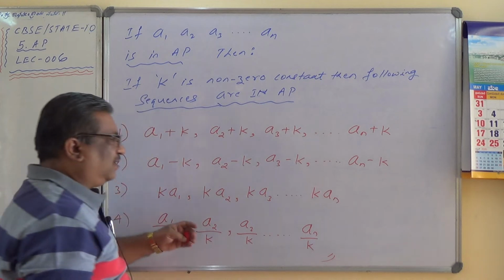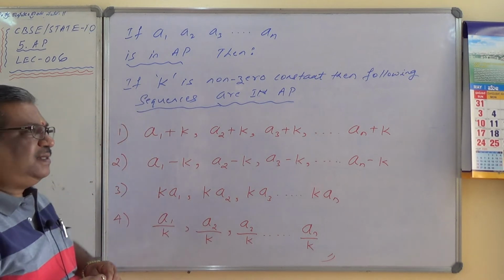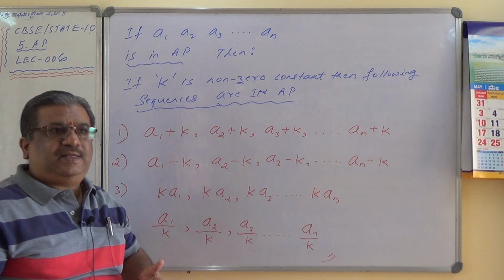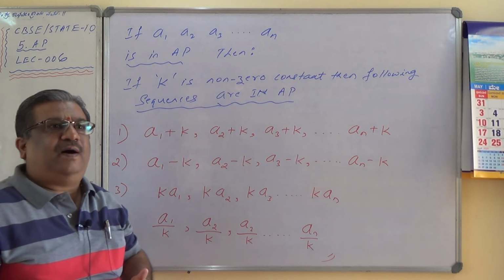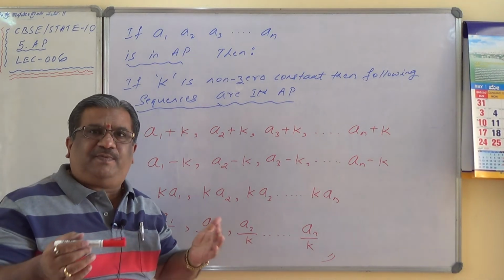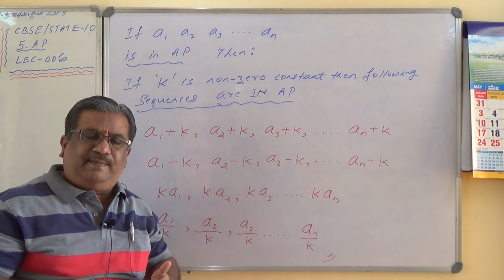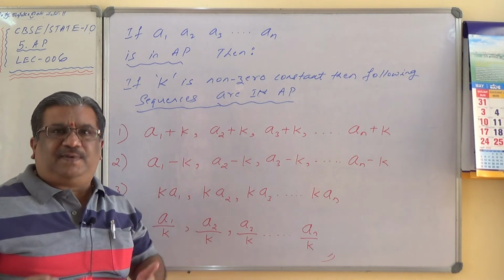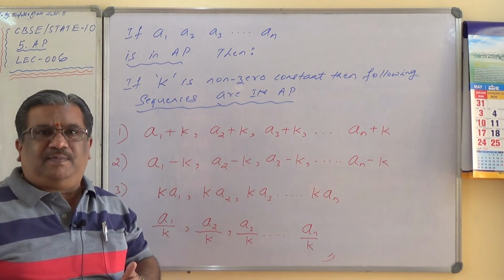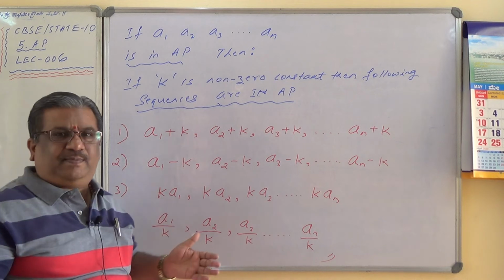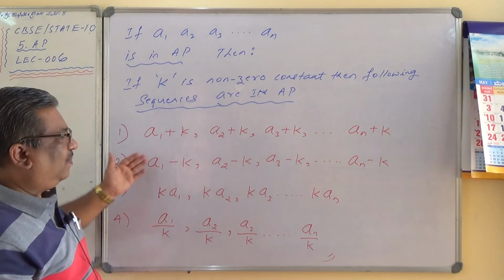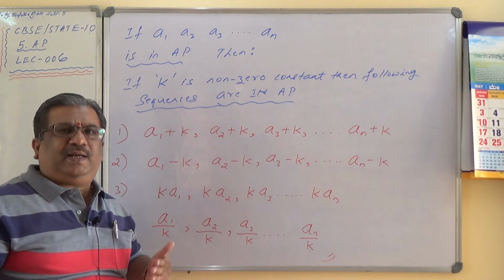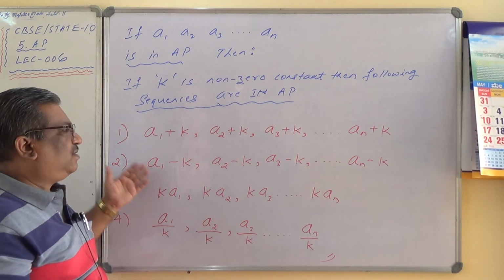This sequence is also in AP. That means if each term of a given AP is multiplied, divided, or if a non-zero constant is added to or subtracted from those terms, the resulting list of numbers will also be in arithmetic progression. Okay, this is one property. You must know this one. You may come across a few numericals based on this property.